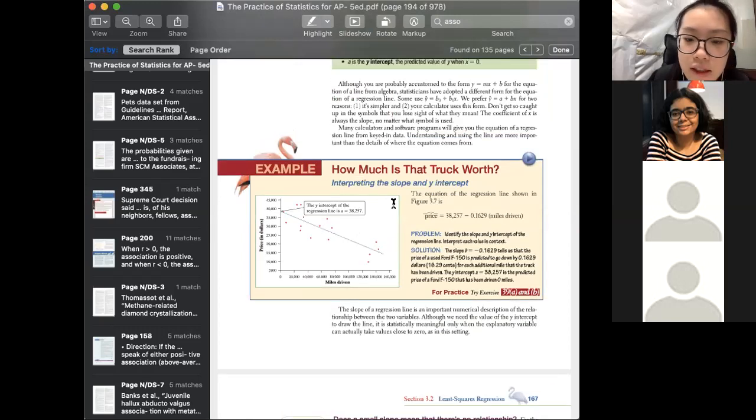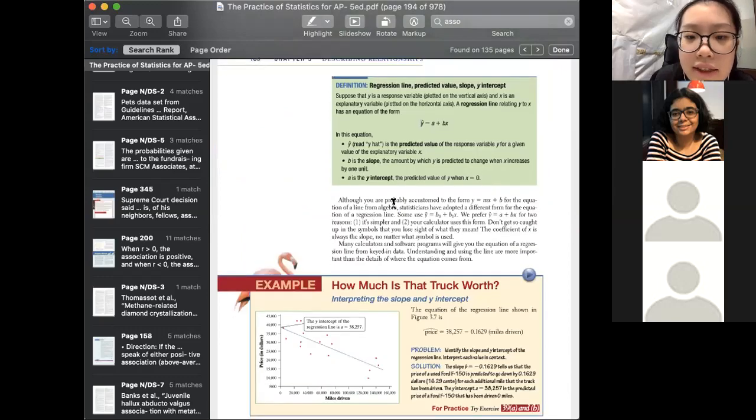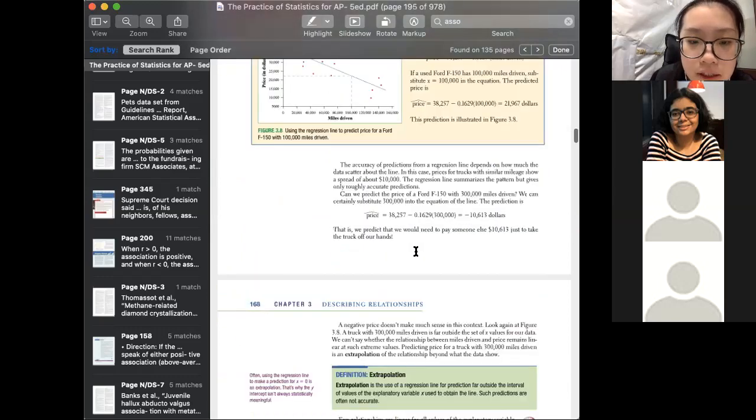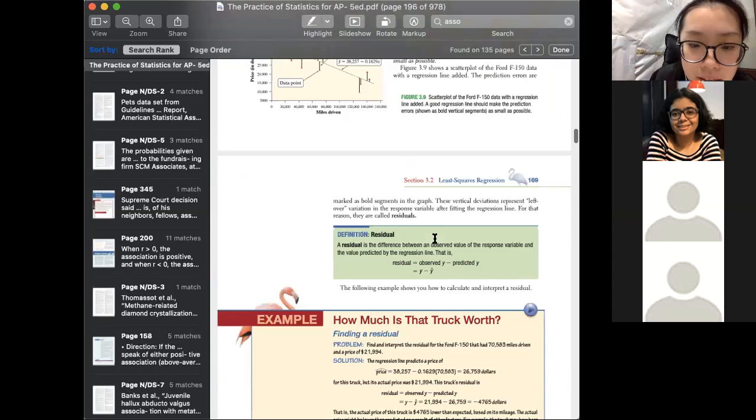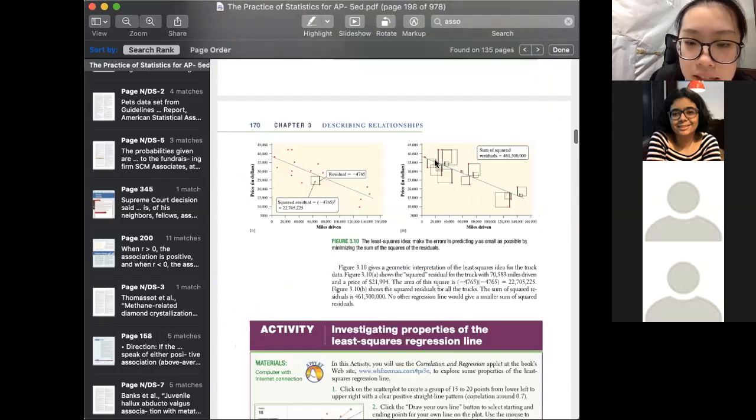Basically, why do we use the least squares regression line? What does the least squares regression line really mean? What this really means is that your predicted value minus your real value is a residue, and we sum the square of each residue together.